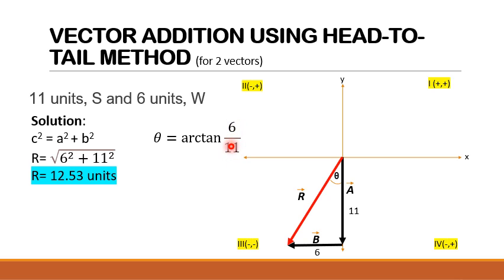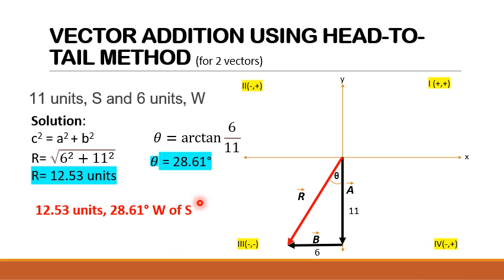So 6 divided by 11, get the arc tangent, then you will get the angle 28.61 degrees. So in doing such, we have identified our resultant and its location. So 12.53 units, 28.61 or 29 degrees west of south.